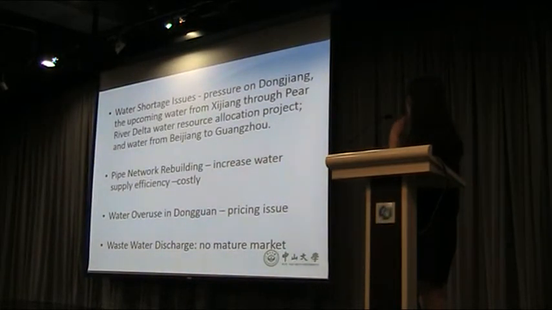If we just estimate what current actions have been taken or what we can do, the good news is that for the water shortage problems, they are drawing water from Xinjiang River for Dongguan and Shenzhen, and also drawing water from Olivia Jiang to Guangzhou.